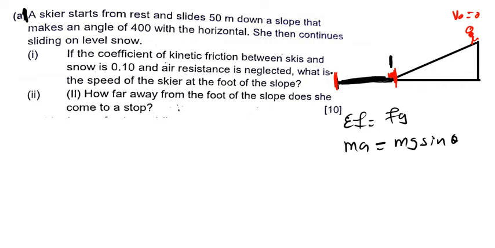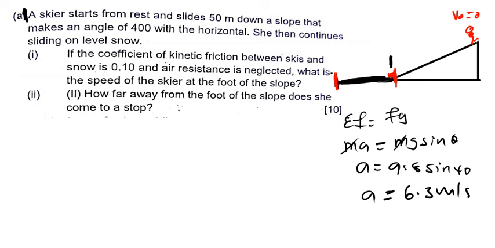Let's cancel m. a will be equal to g sine theta, which is 9.8 sine 40. So what will be the answer? 6.3. Okay, it's making sense. 6.3 is my acceleration.